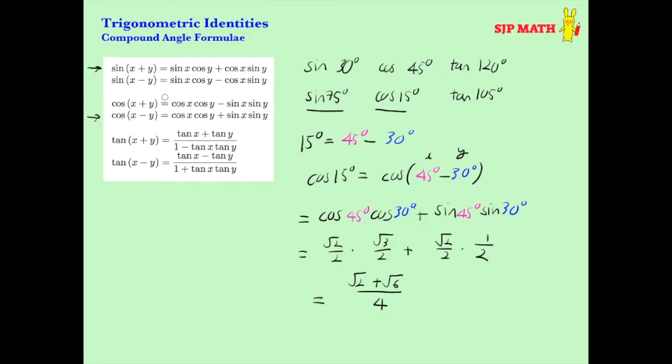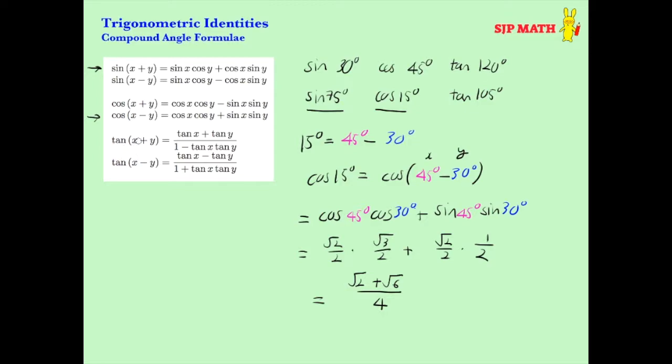If we're trying to find the sine, cosine, and tangent value of a certain angle, and we see that we can express that angle as the sum or difference of two angles in the unit circle, or just any two angles that we already know the exact sine, cosine, and tangent values of, then we can use these formulas to use the sine, cosine, or tangent values of those two angles to find the exact sine, cosine, and tangent values of that angle we're dealing with.